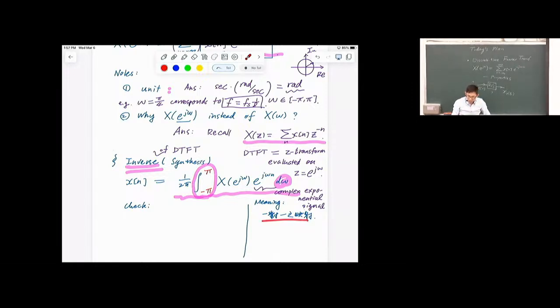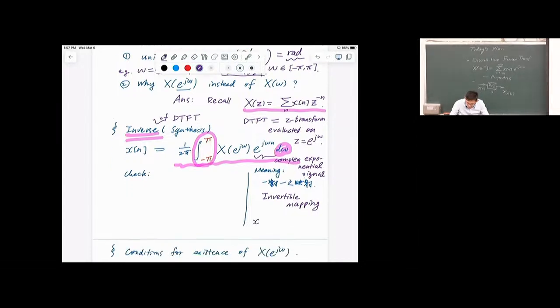Now we have an invertible mapping, a one-to-one correspondence between any signal, let me say any, or rather a well-behaved signal, between time and frequency. So this is a kind of bidirectional arrow.